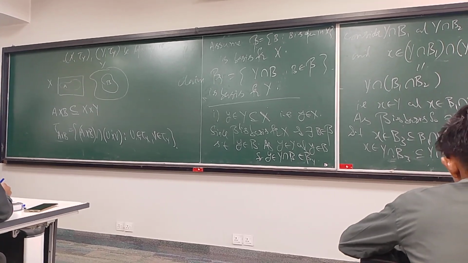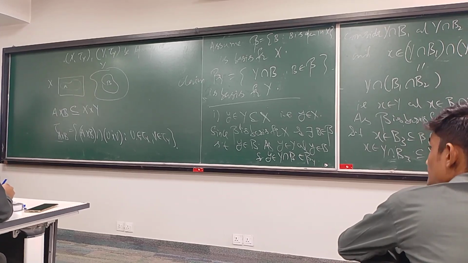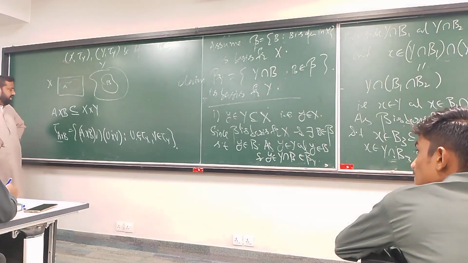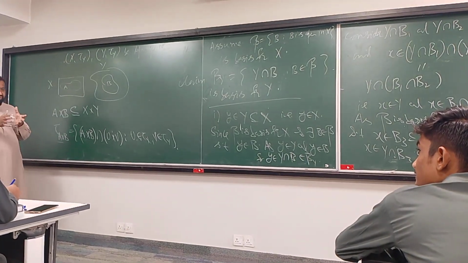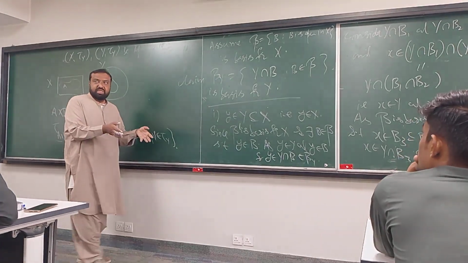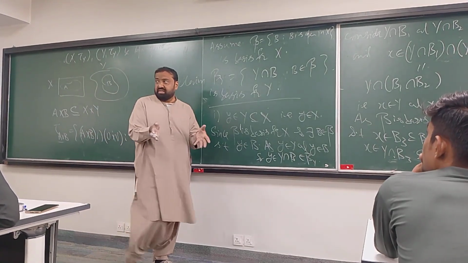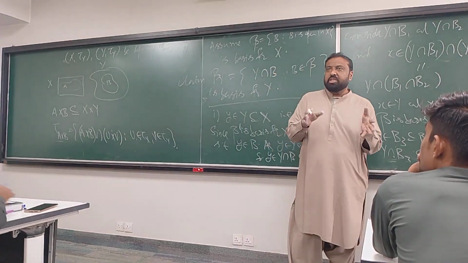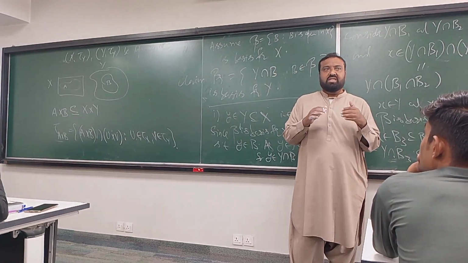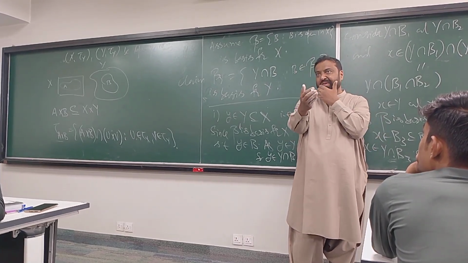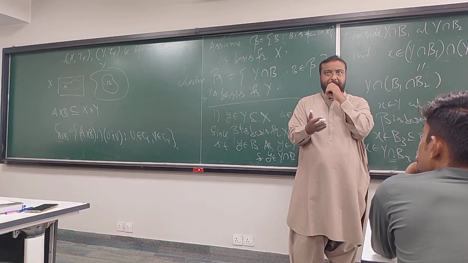By the way, the terminology we use quite often is this: if you have a topological space and you consider a subspace topology of that bigger topological space, we say that this subspace is inheriting a topology from its parent topology.